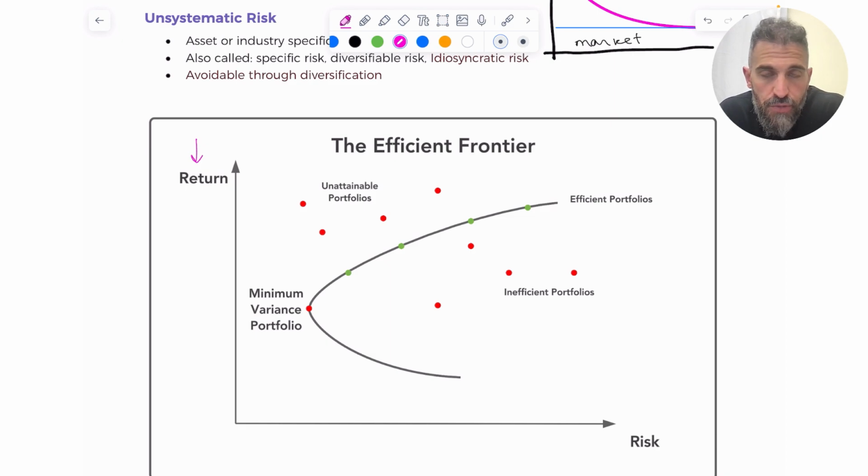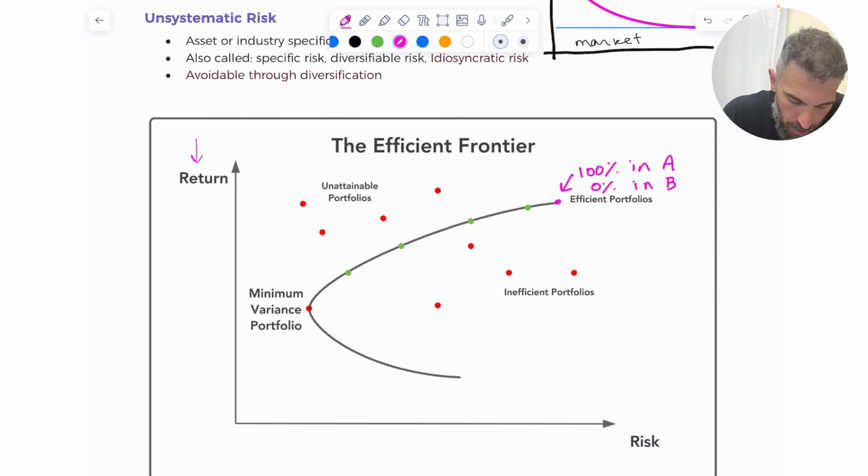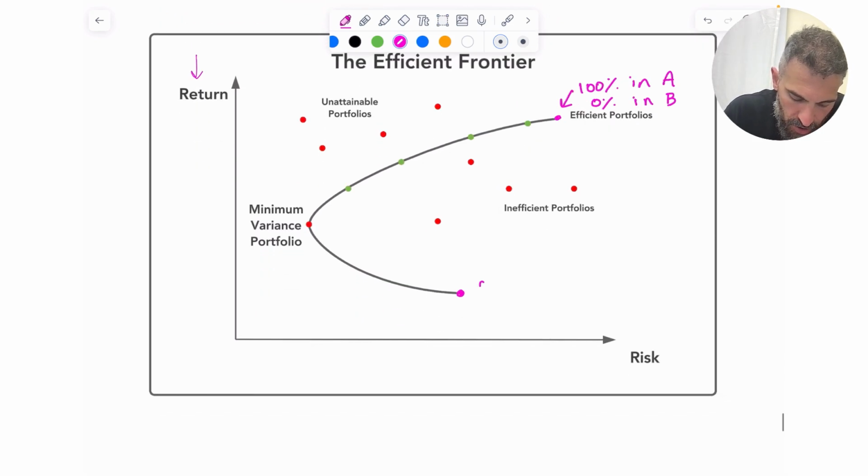Now that you've seen this chapter, you understand that with the same two stocks, you can make an infinite number of portfolios, right? You can have, for example, 100% of your money in stock A and 0% of your money in stock B. You can have the opposite. You can have 0% in stock A and 100% in stock B. And those two portfolios would be completely different.